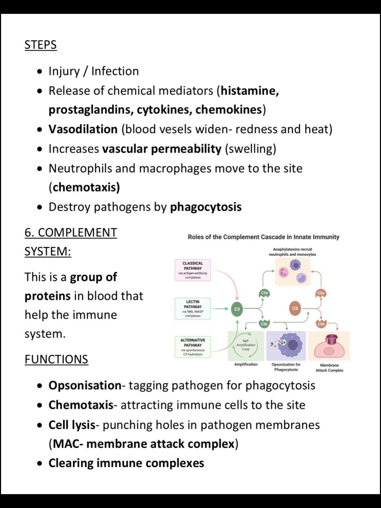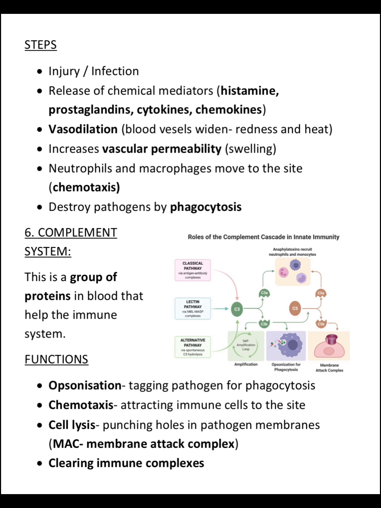Vascular permeability increases. The blood vessels become leaky and fluid, proteins and immune cells exit, causing swelling. Neutrophils and macrophages move to the site by the process of chemotaxis and destroy the pathogens by phagocytosis. Inflammation is important to stop the spread of infection and to bring immune cells and nutrients to the site.